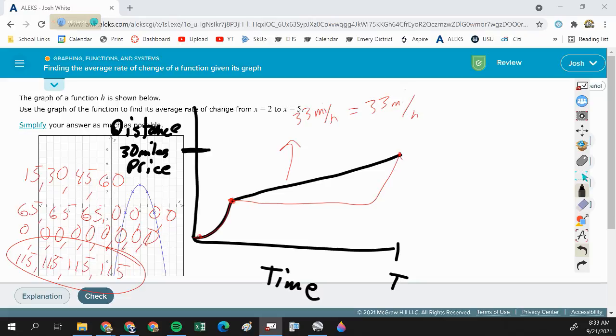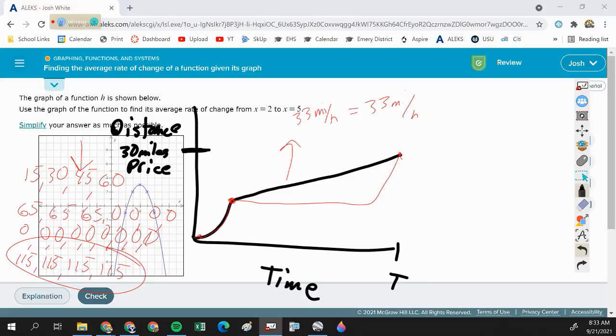So, do we really need to take all of these measurements to figure out the average speed? No. We only need to know two things. Alex? How far did you travel, and how long did it take you to get there? That's it. We don't need to know the shape of the graph.